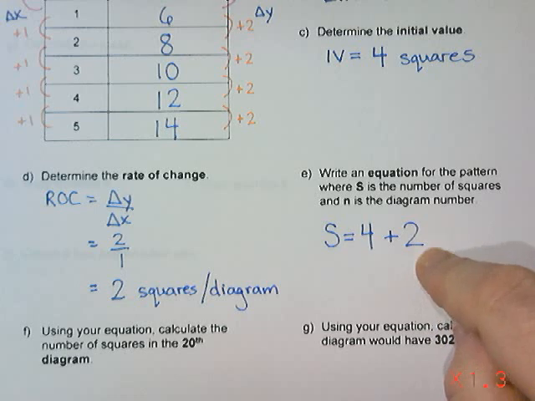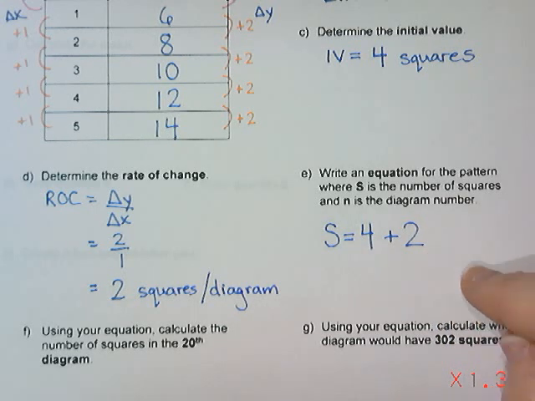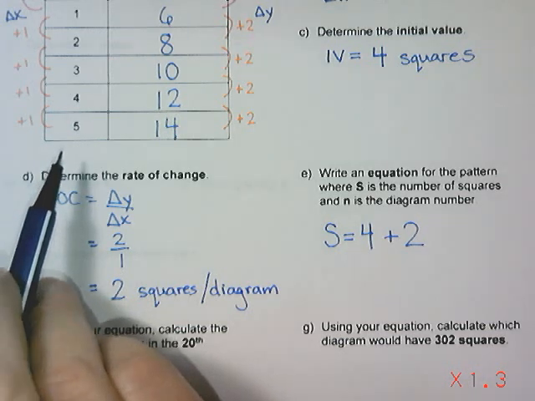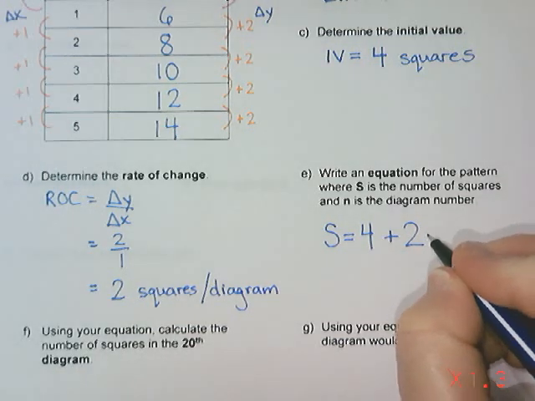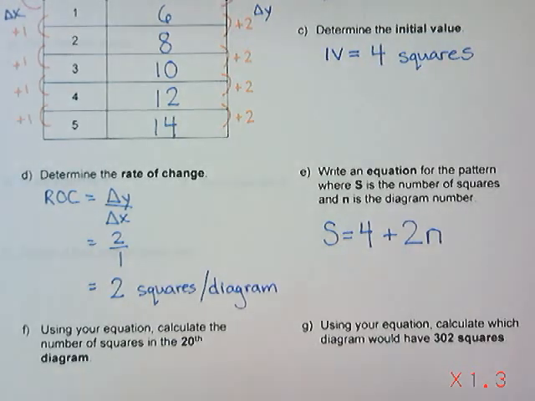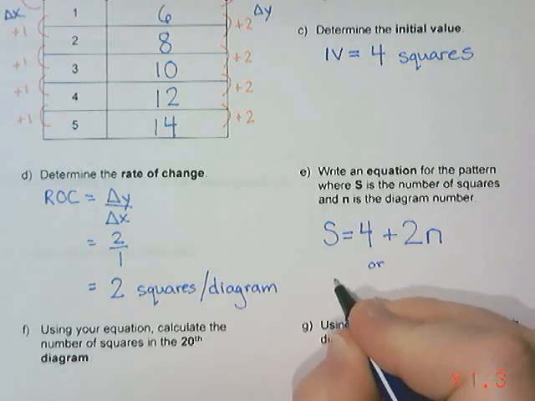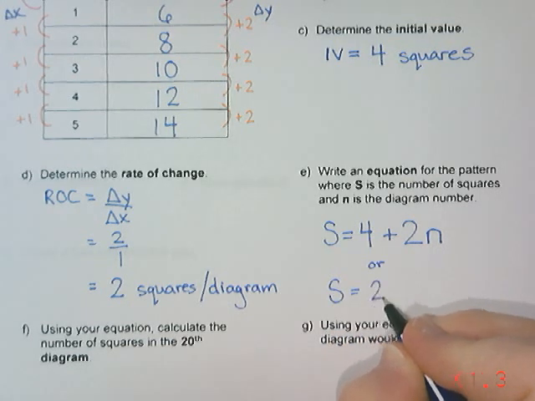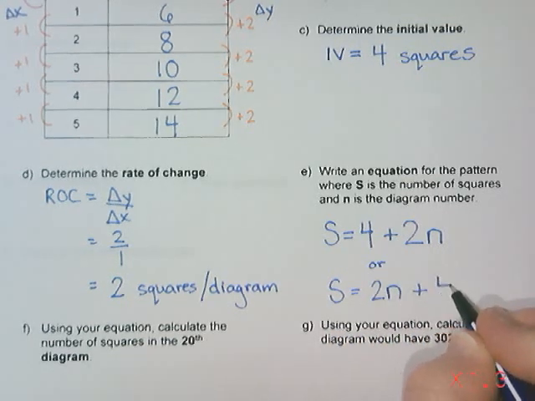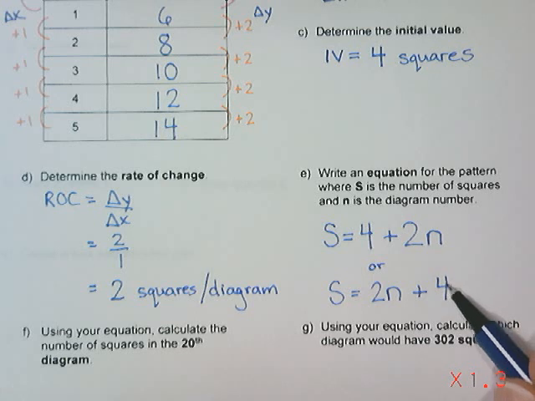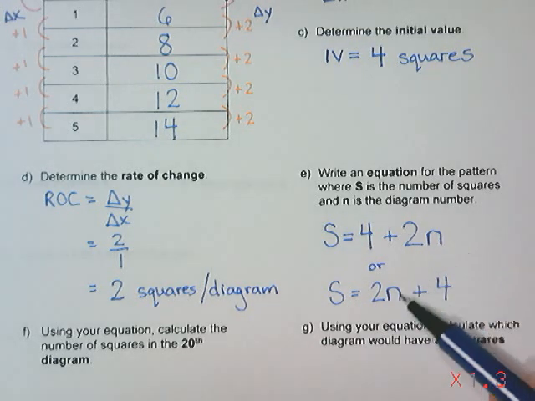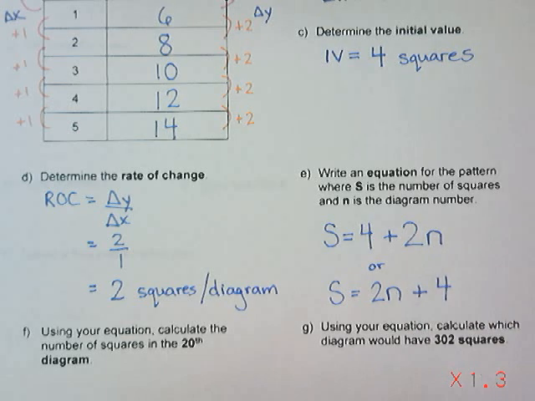But I'm not just adding the 2 squares once, we're doing it 2 times or 5 times or 10 times, depending on what the diagram number is. So I would do 2 times n. So S equals 4 plus 2 times n. Or you could do S equals 2n plus 4, right? Where we put the initial value last, and then we put the rate of change first. The important thing is that the n, the variable, needs to stay with the rate of change.